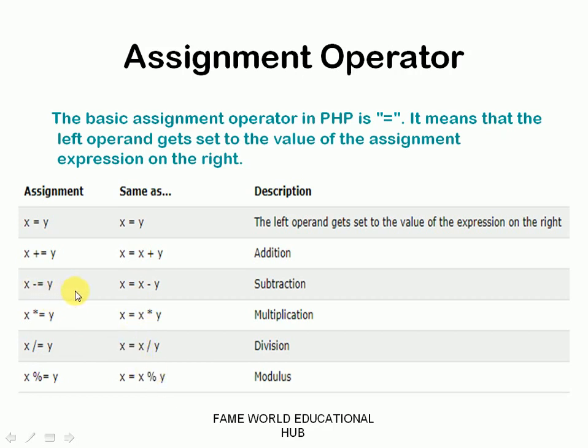So x -= y, x = x - y, performing subtraction. x *= y is the same as x = x * y, multiplication, or we can say product. x /= y, that is x = x / y, performing division, and x %= y is the same as x = x % y, and that is used for printing the remainder. I hope you are getting the concept of assignment operators.